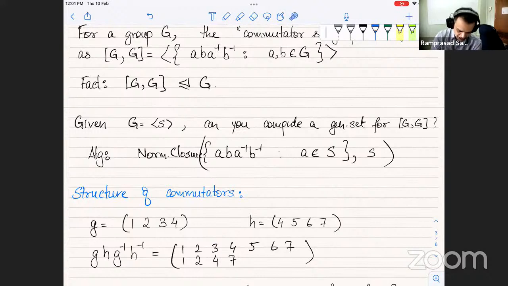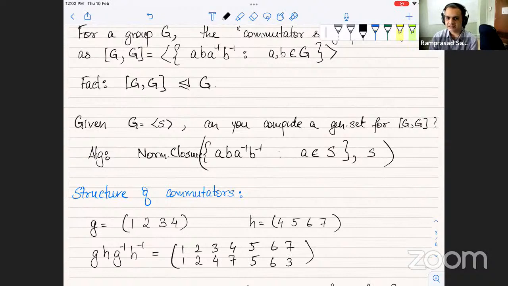So let's just go over this again. G moves 4 to 1. H does not change 1 at all. And G inverse moves 1 back to 4. And H inverse moves 4 back to 7. So that goes to 7. Again, let me just write down what this is. You end up getting 5, 6, and 3.